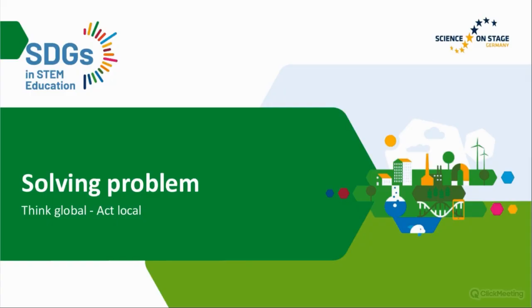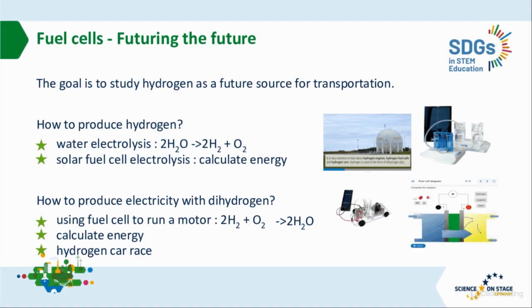And finally, the final part of this unit is how to solve the problem. So here we have different options as well. We propose to produce hydrogen and to use hydrogen as a source of energy.